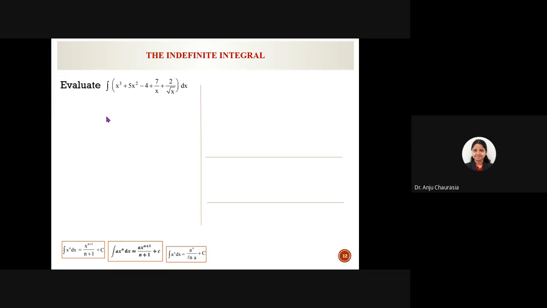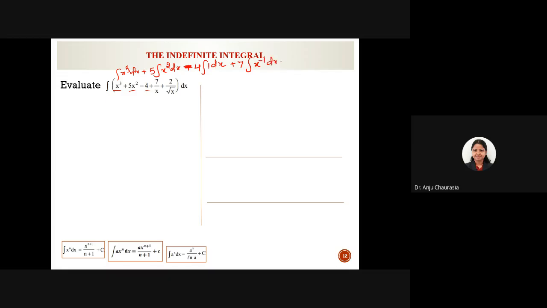Okay, so here, if the integration is over different terms, the integration is going to distribute. It will be the integral of x cube dx. 5 is a constant, it will come outside. And this is minus 4, and this is the integral of 7 times 1 by x. 1 by x is x inverse dx.